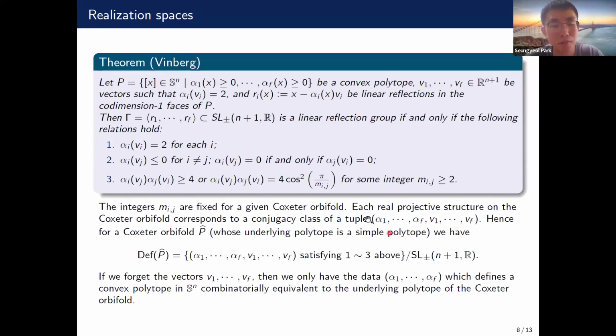Yeah, it looks like some conditions describing the root system, because the root system also comes from reflections, right? We're taking the faces and then taking something orthogonal. But actually, I'm not that clear on the connection between those two settings.